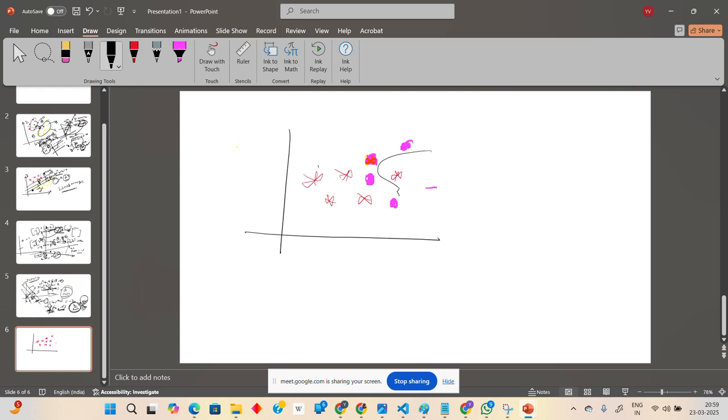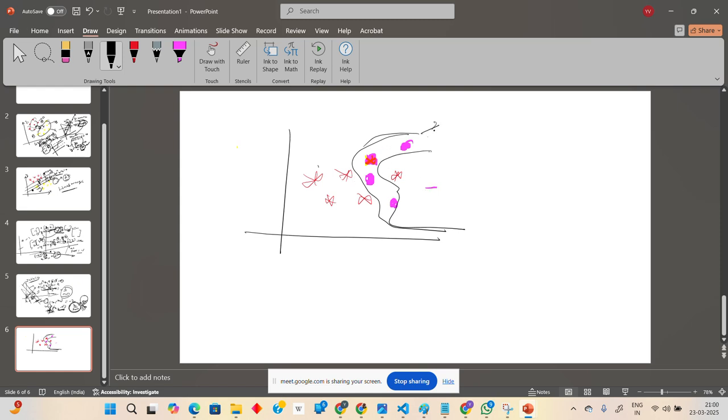Based on that, it will separate like this. In the kernel, if we go for higher dimensions, we can divide like this.